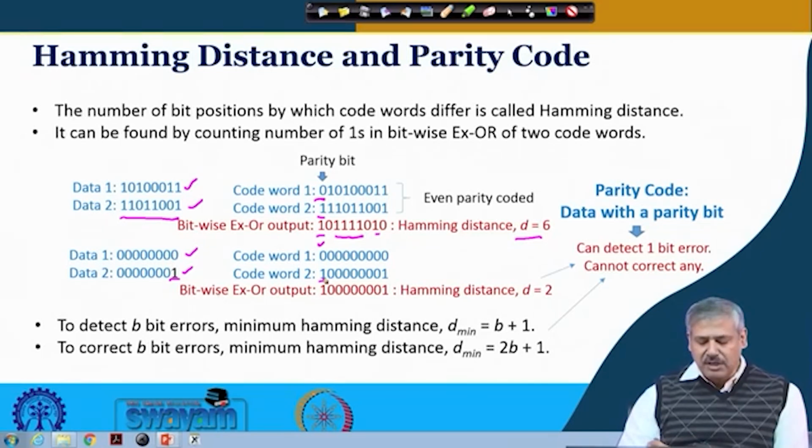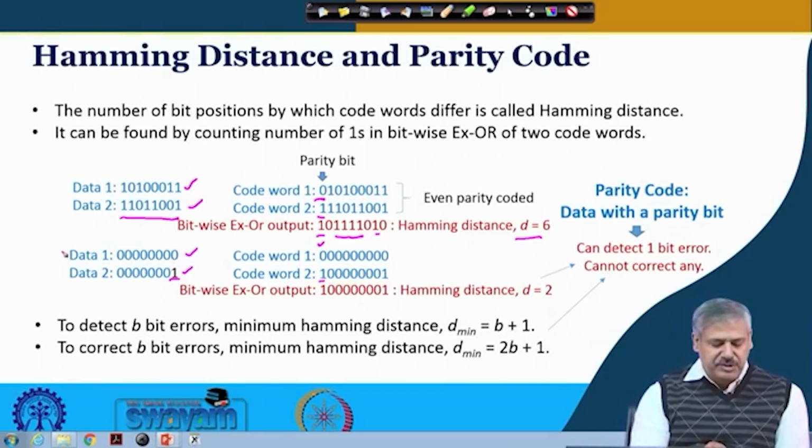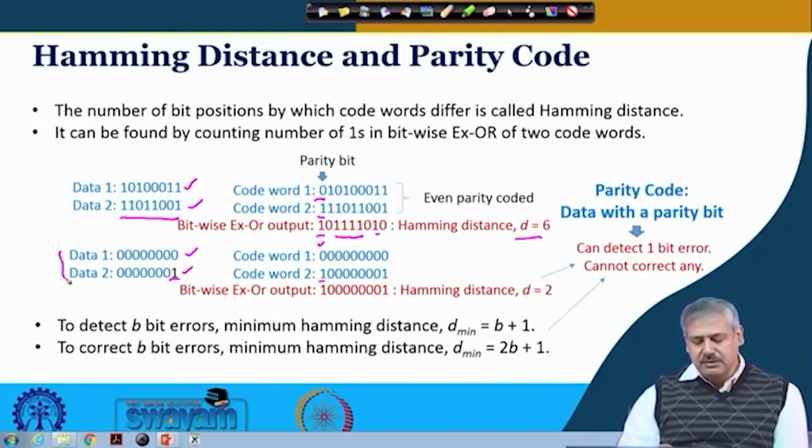Now when we do the XORing and accumulate, we see that 2 ones are there. So, this is 2. For this kind of parity coding, where a 1-bit parity code is introduced, the minimum distance is 2. That is what we take note of.